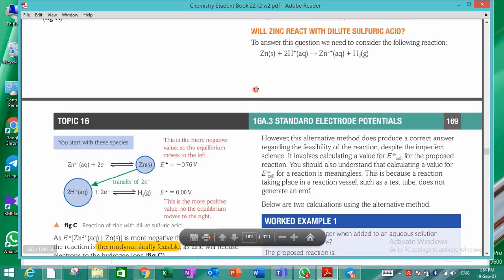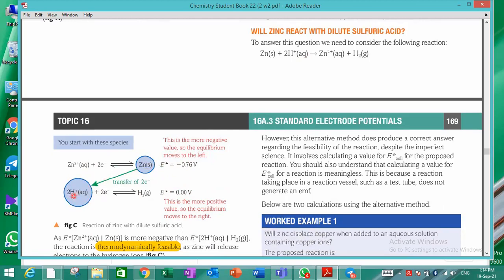So they asked us to determine whether zinc would react with hydrogen ions. When we arrange them in the order that the more negative standard electrode potential comes first and then the less negative or the more positive, then we can deduce that zinc, which lies on the upper right, would react with the hydrogen ions present on the lower left.